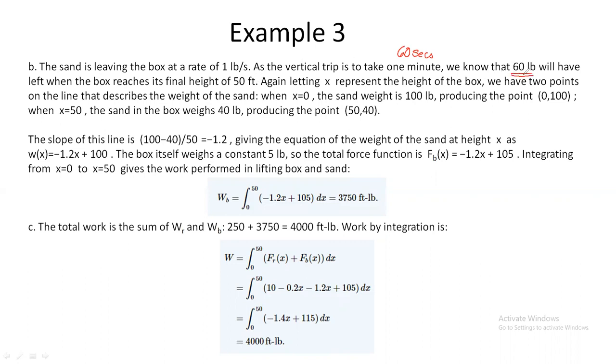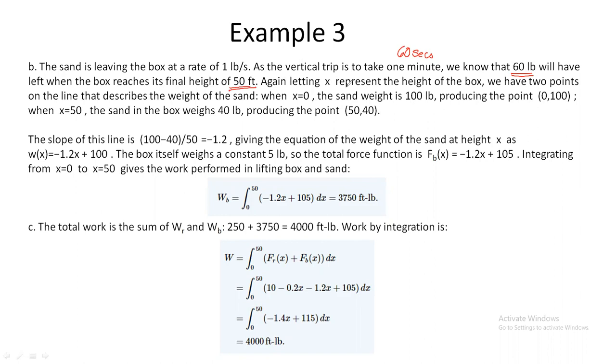Or how was this value taken? So 60 seconds times 1 pound per second will give you 60 pounds. So this is the total amount of sand that has already leaked from the box in the duration of the distance covered. So this is the distance covered for 1 minute.